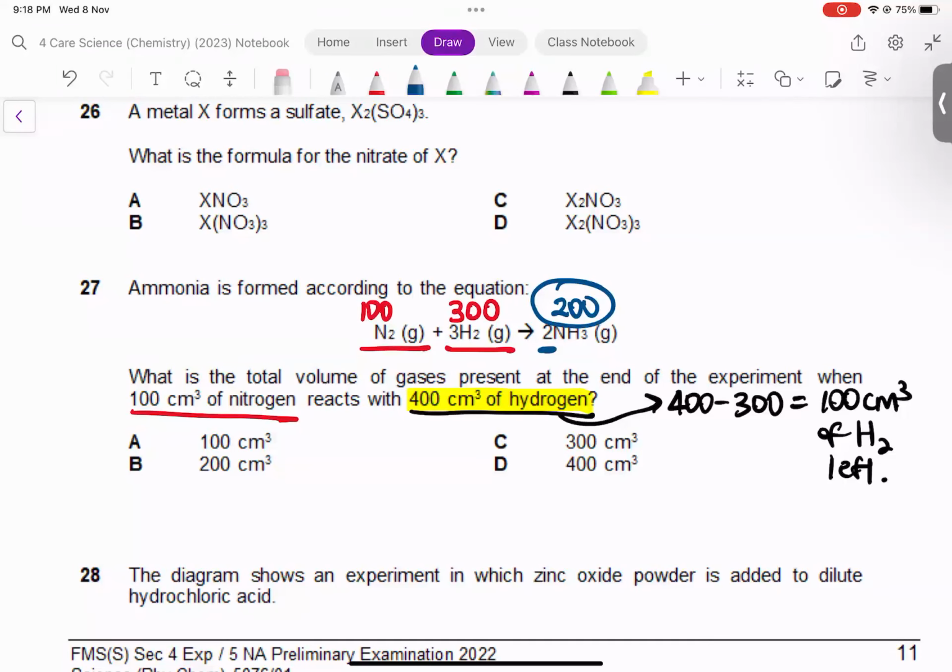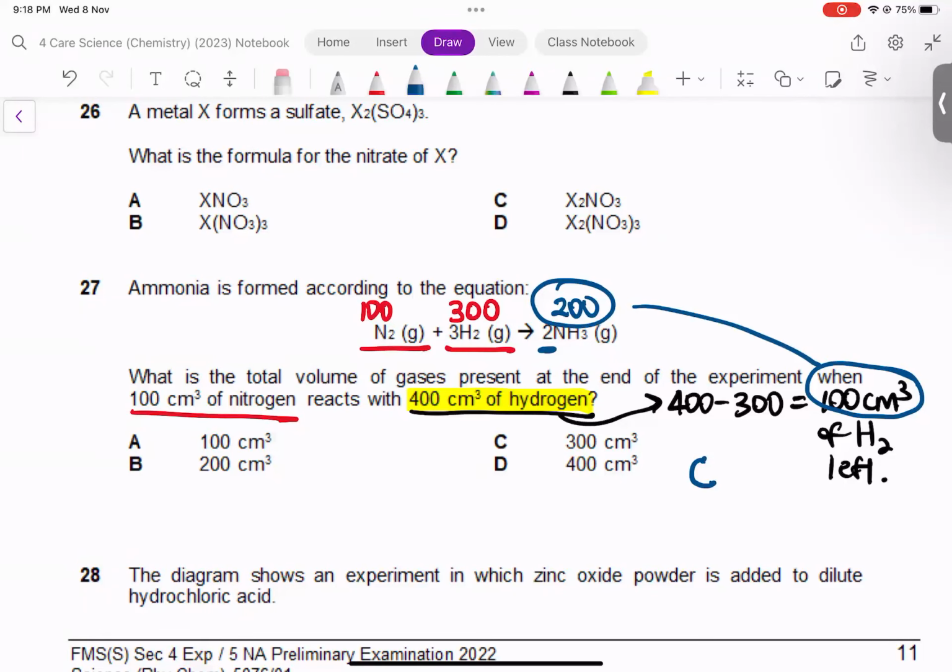Is that the total volume of gas present? Remember, you still have 100 cm cube of hydrogen. The excess hydrogen is left behind. You must add 200 plus 100 is 300. All right. So the answer is 300 cm cube for question 27.